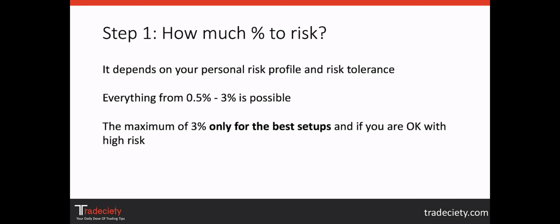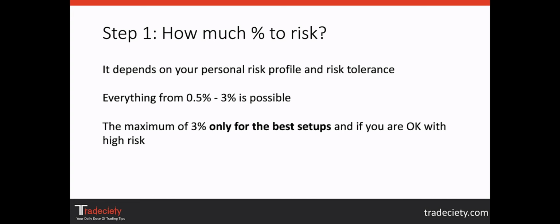So the first step is we have to decide how much we want to risk on our trades. And this, of course, depends a lot on your personal risk profile and also on your risk tolerance. So anything from 0.5% to 3% is possible, and traders use that. The maximum of 3% is usually only used for the absolute best setups, and also if you're okay with a lot of risk.